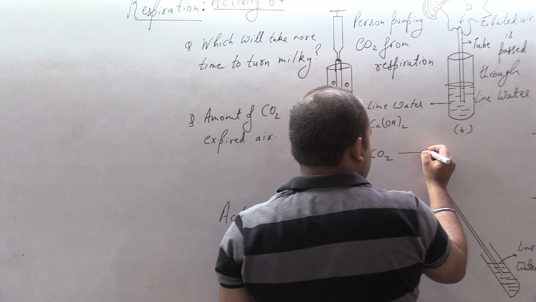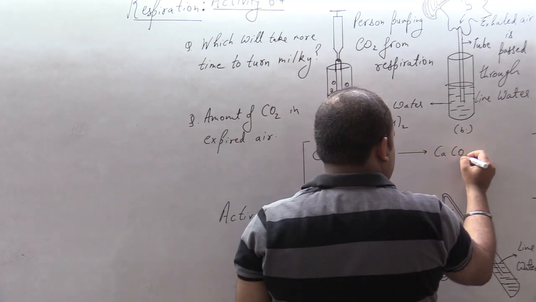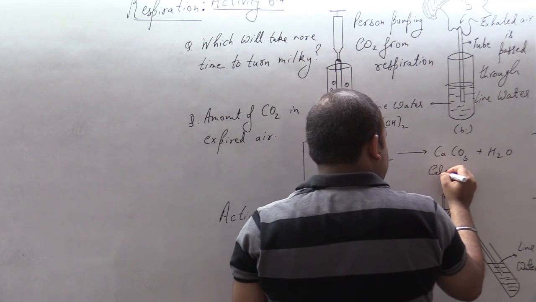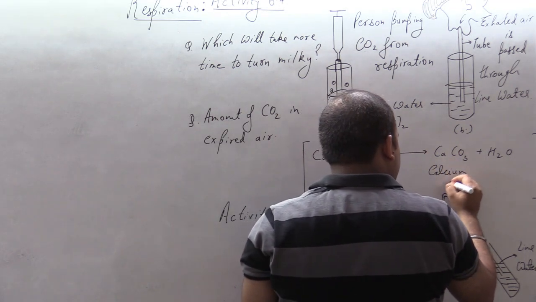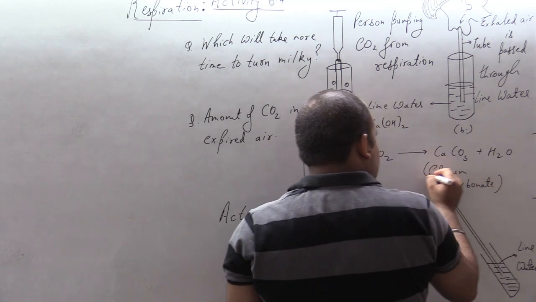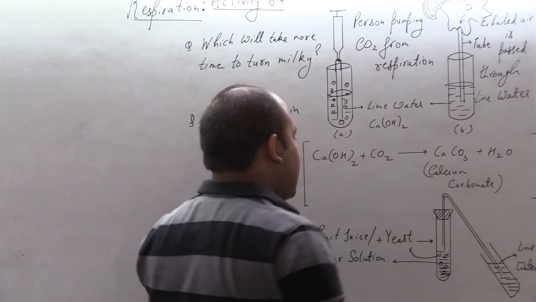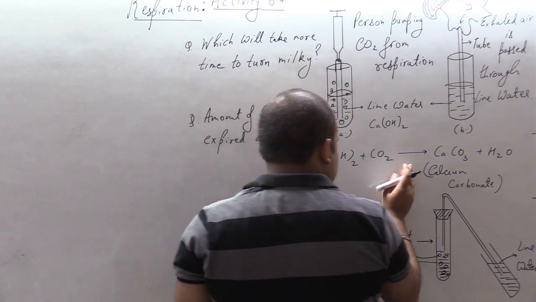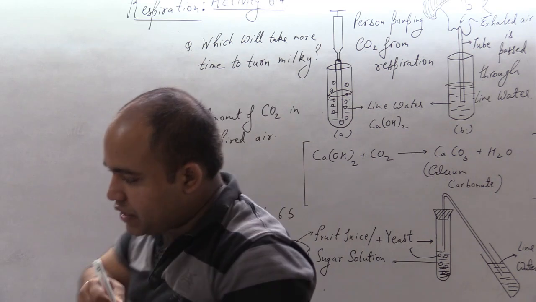It can lead to calcium carbonate, CaCO3, and water molecules. This is calcium carbonate. And this calcium carbonate turns lime water milky.